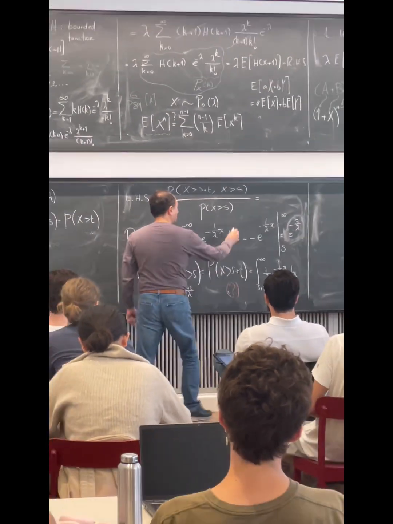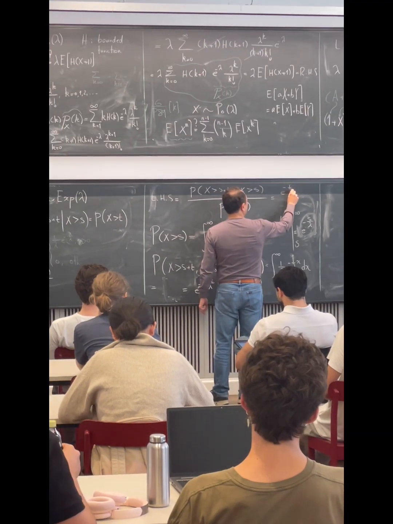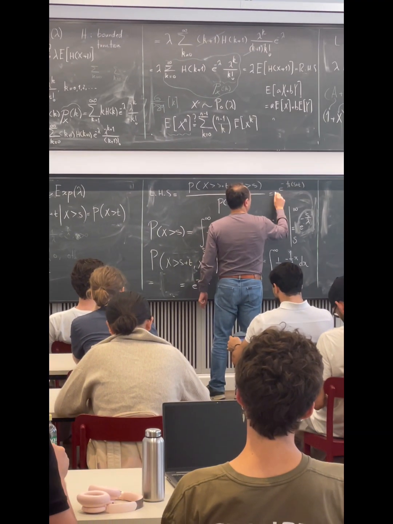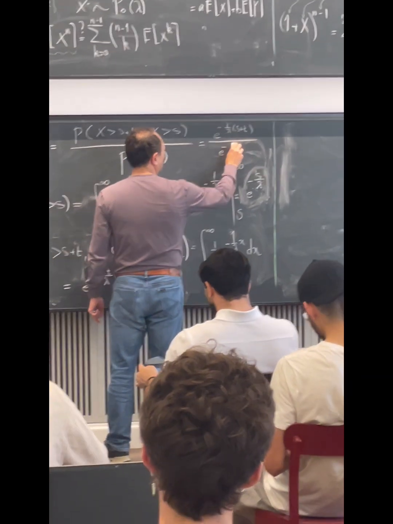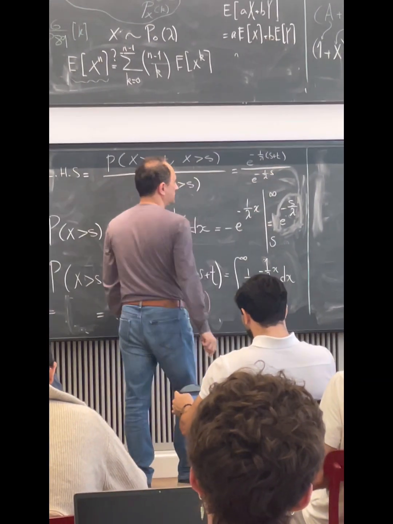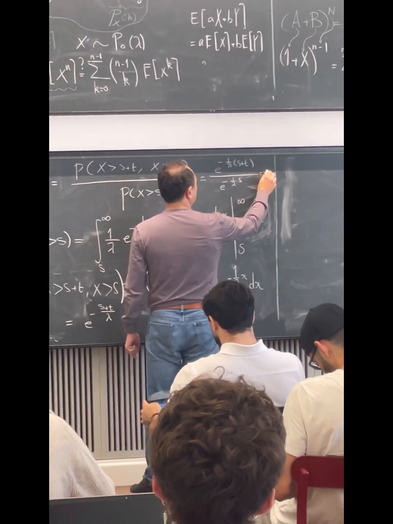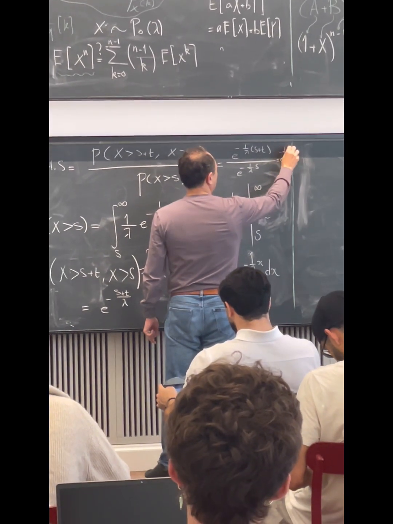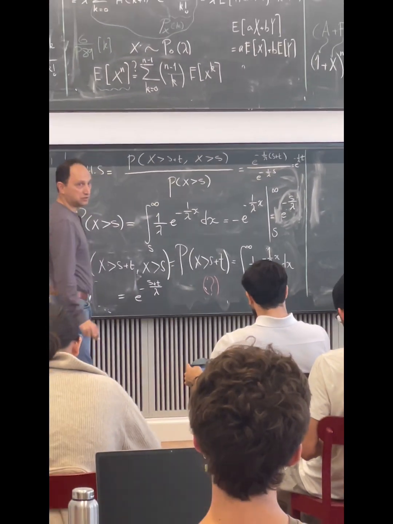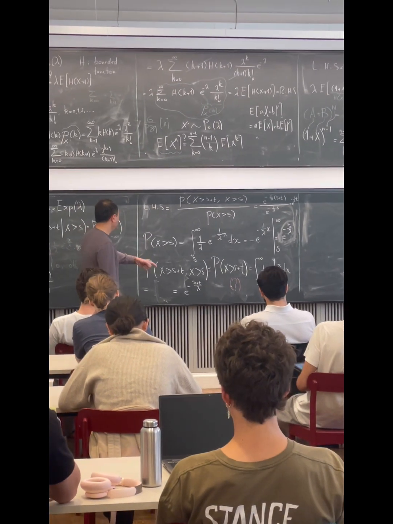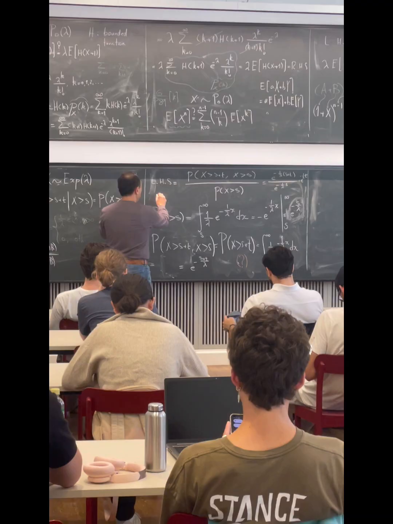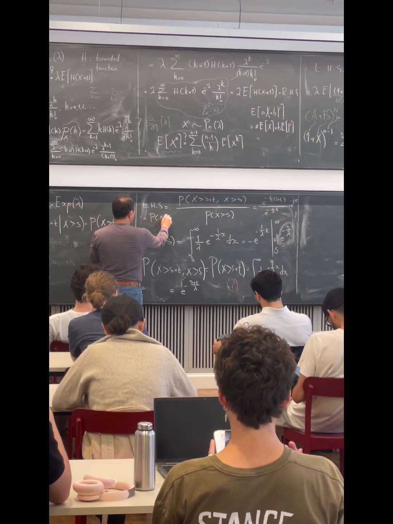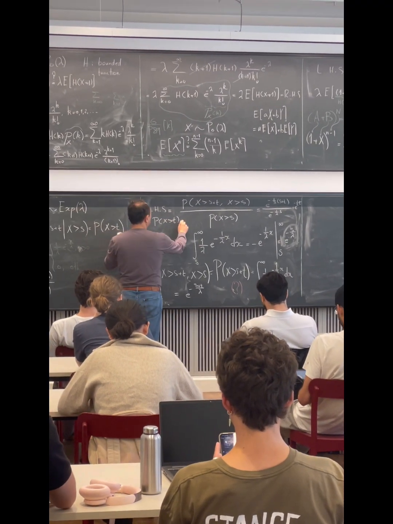This one I put on top, and then I divide it by this one. Do you agree it becomes what? Yes. But that one is exactly the same thing, but instead of s, I have t. Do you agree? That is exactly equal to P of x greater than t. And that is equal to the right hand side.